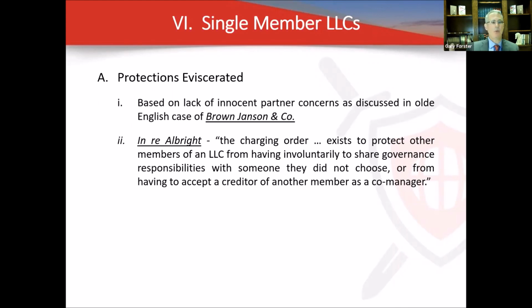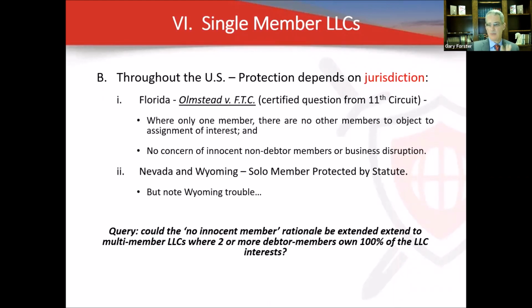The court says, okay, we need to get the rest of the assets to the creditors. You've been discharged. The debtor says no, it's in an LLC. They take a hard look at those LLC assets and everything else. Bankruptcy is really not a great option in general. And this is the Florida case where the single member LLC was certified, whether or not it's protected. They eviscerated all protections. We ended up with a statute afterward that protects only the multi-member LLC.